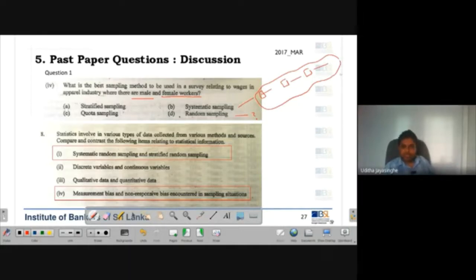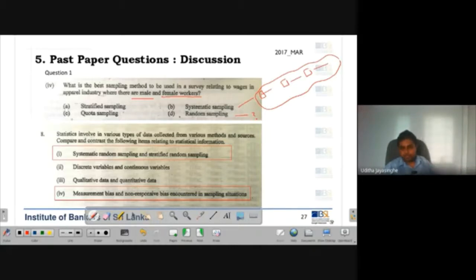Now, the two relations, quota and stratified, go hand in hand, and we know that a probabilistic sampling is somewhat better than a non-probabilistic method. Why? Because then you are going to know the entirety of your population.